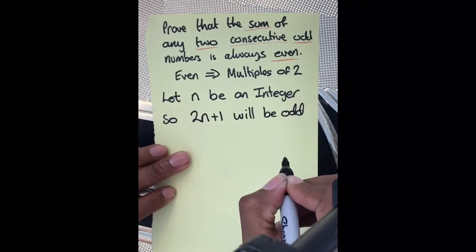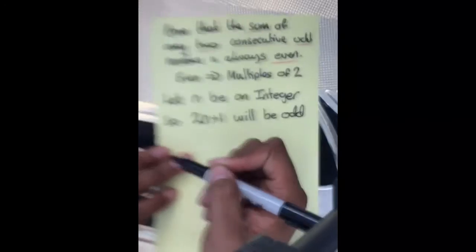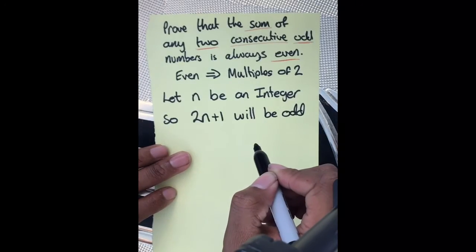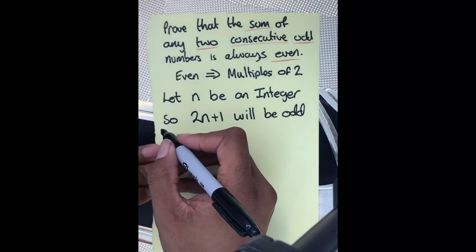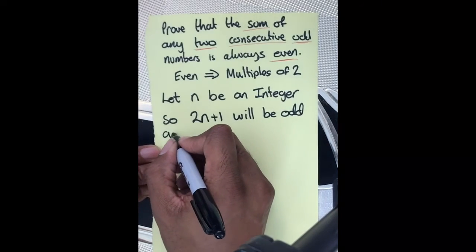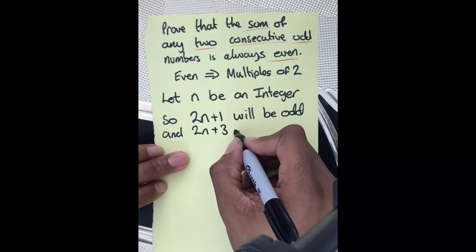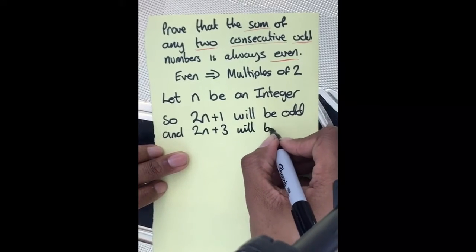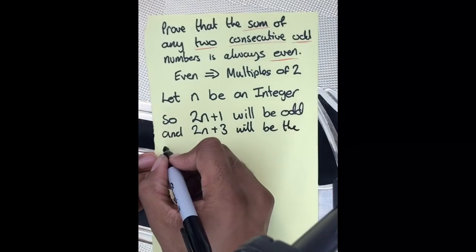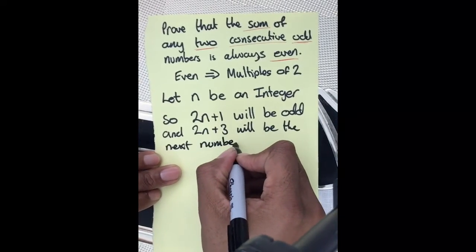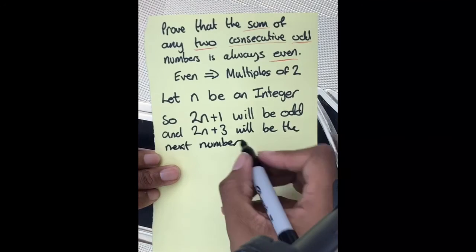That is fact. If I've got a number that is even, I know the number next to that number is going to be odd. So that's 2n plus 1. And from that, I know that 2n plus 3 will be the next number, which is odd.